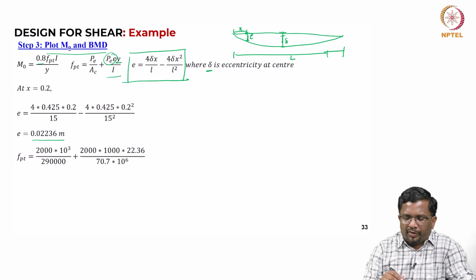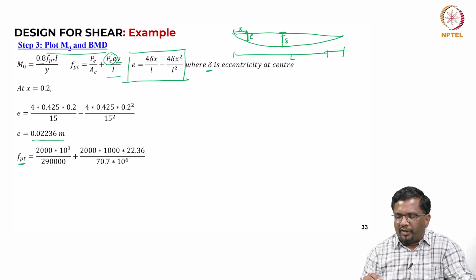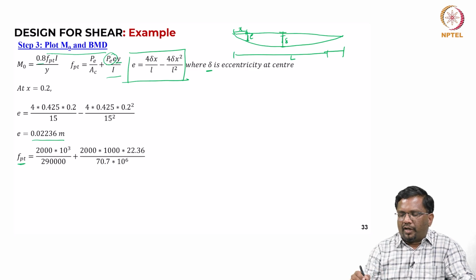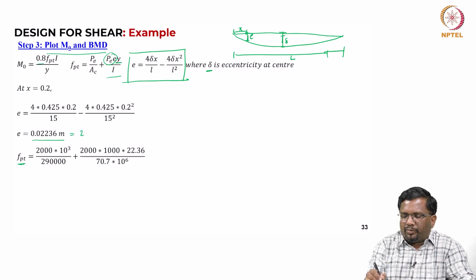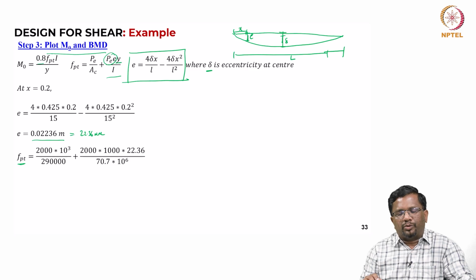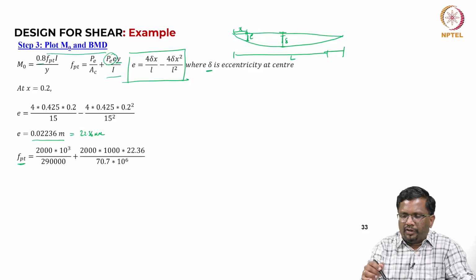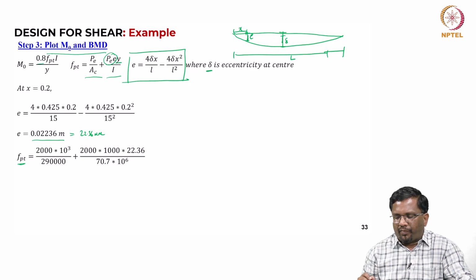Now, what would be the pre-stress at that location of the tendon? This is equal to 22.36 millimeter. So, 2000 is the force, 2000 divided by the cross section area will give me the PE by AC. Now, PE into eccentricity, which is 22.36, divided by your section modulus, which is 70.7 into 10 to the power of 6.